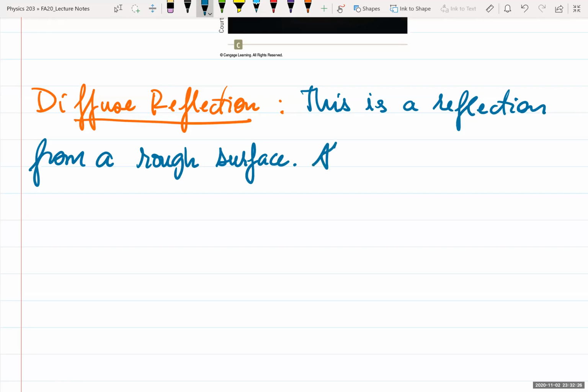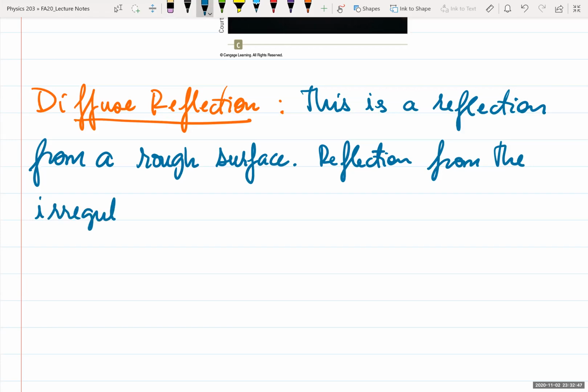So all reflections from the irregularities of the material of the surface must be considered.